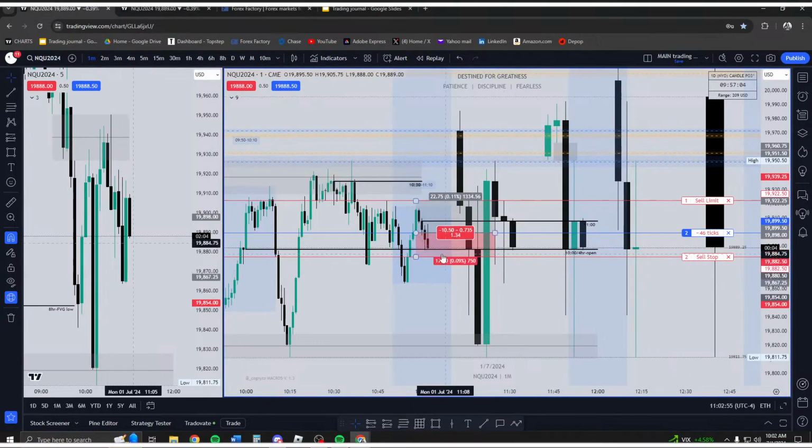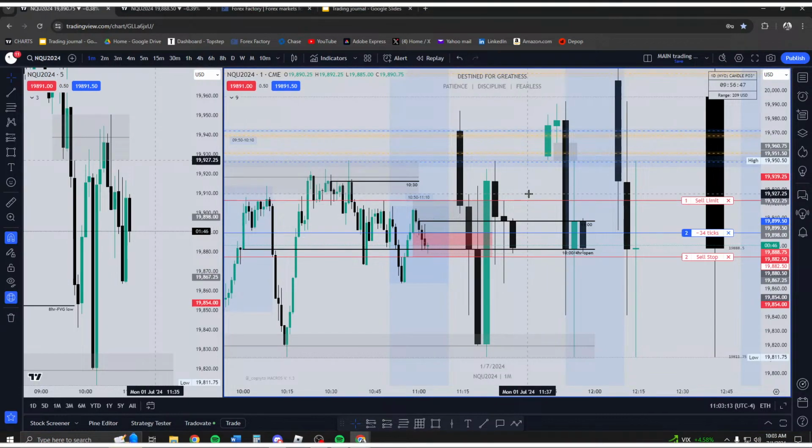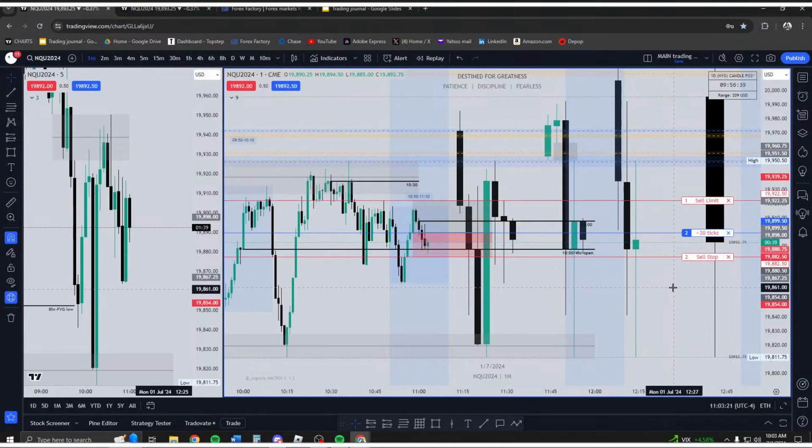So we do have to see a continuation up here. If we don't, then probably stop loss will be hit here. Very close to it.